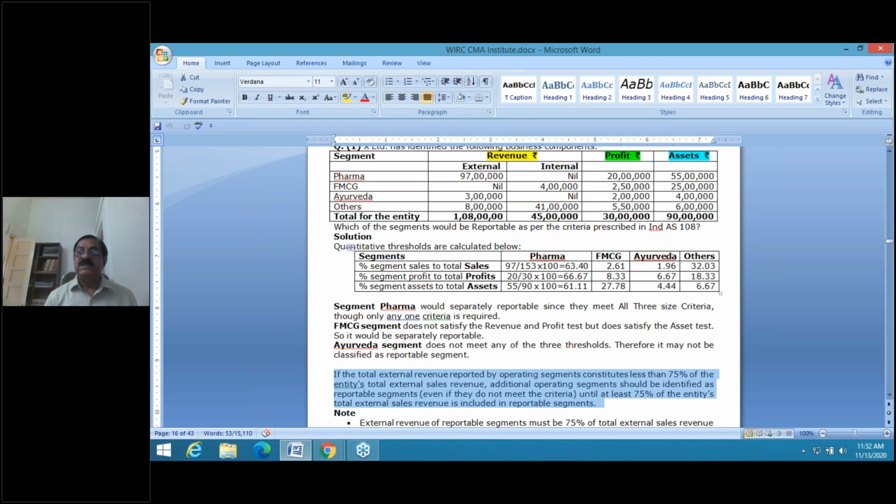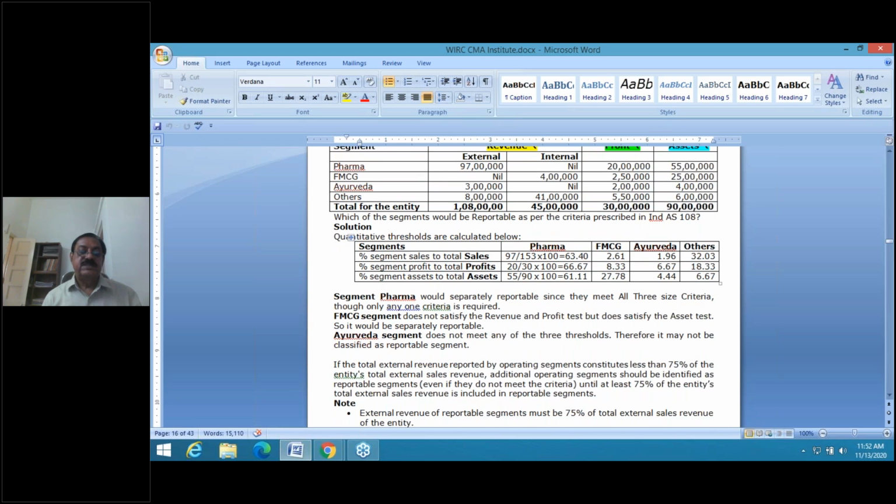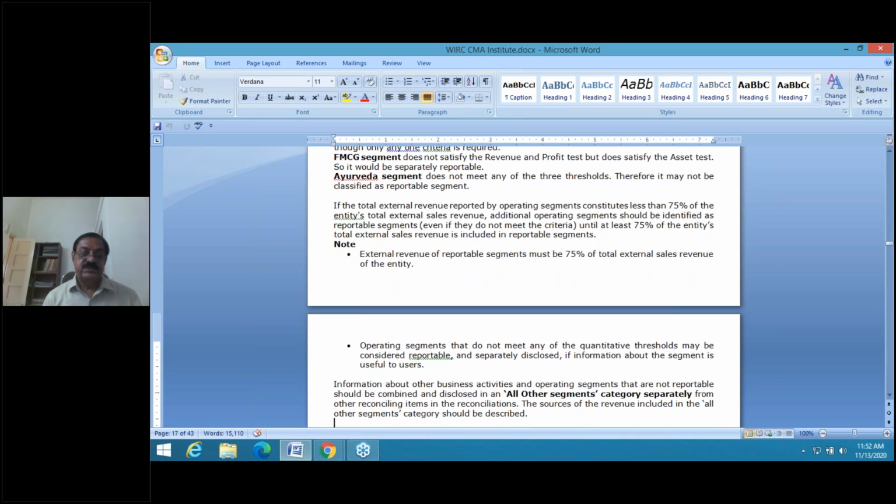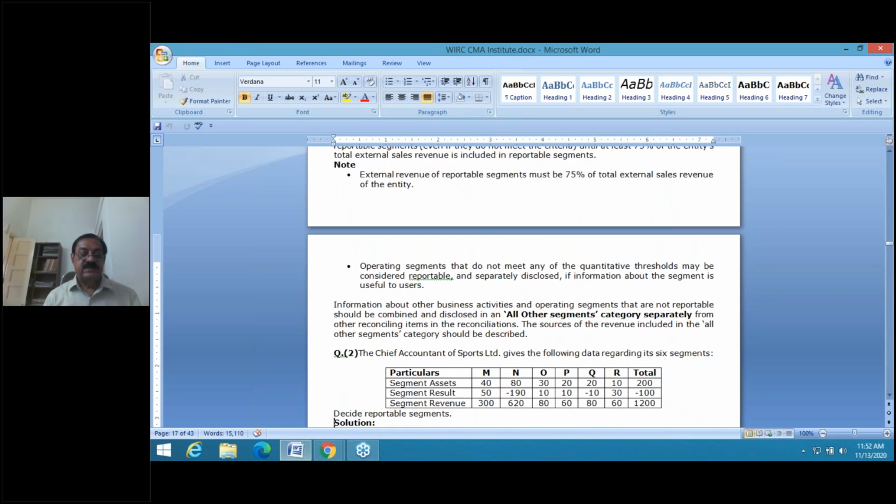If it is not fulfilled, you have to add. But here it is already fulfilled, so there is no need. So out of the 4, only 2 segments, pharma and FMCG, are reportable segments whose detailed information regarding P&L and balance sheet items is to be given. For Ayurveda and others, no need to give this separate information. Okay, friends? Let's see.